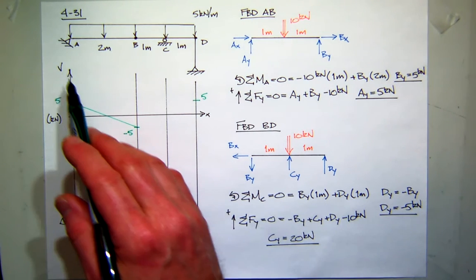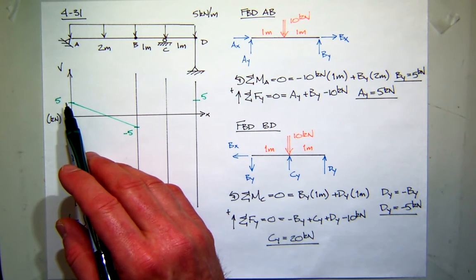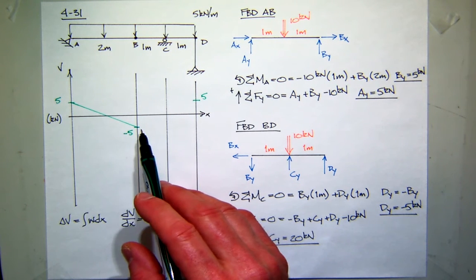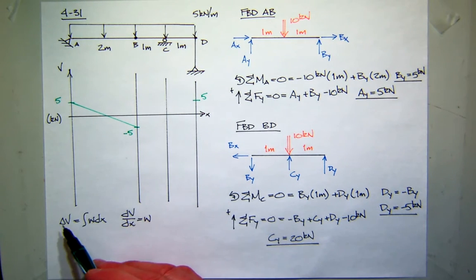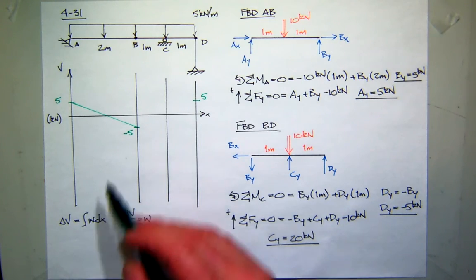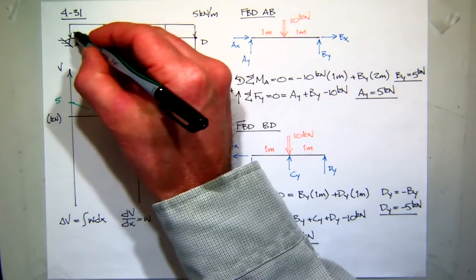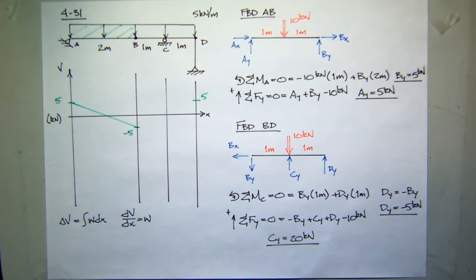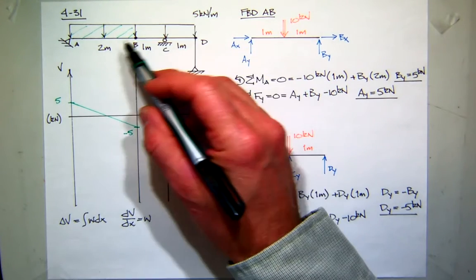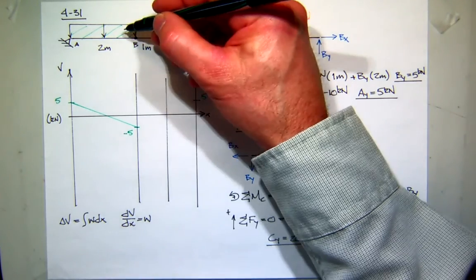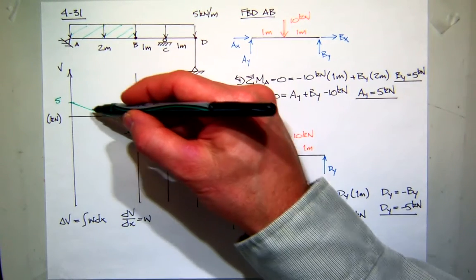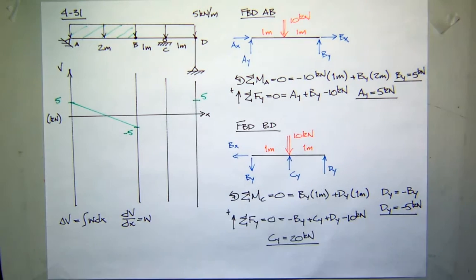Right here? Yeah. Why is this 5? I get why that was 5, but why is it negative 5 on the second one? Oh, because the change in shear is equal to the area of the load diagram. And if you look at this part of the load diagram, what's the area of that curve? It'll be 5 times 2 is 10, and the load is down, so it's negative 10. So if I start at 5 and I subtract 10, I get negative 5.